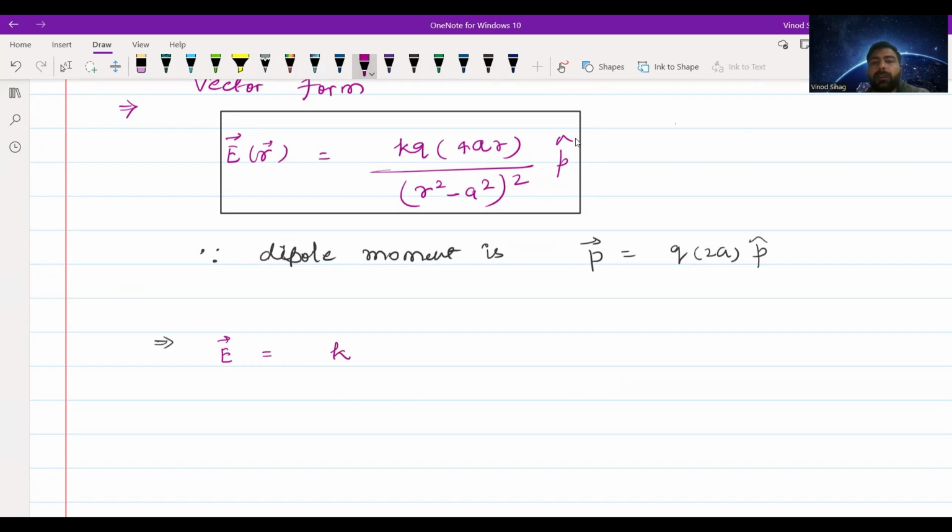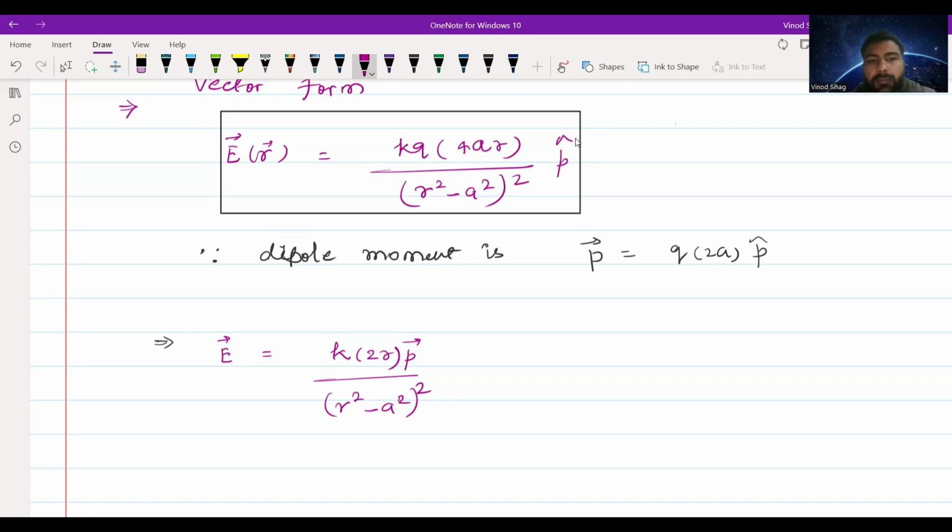This q into 2a into p cap will be replaced with p vector, and you will be left with k into 2r into p vector divided by r square minus a square, and obviously its square is also there.